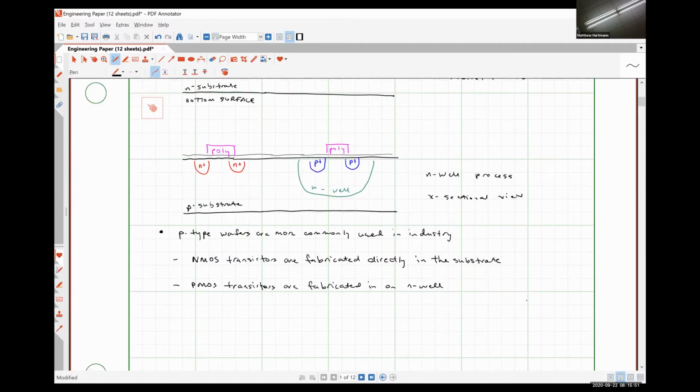So this N well is created by a process called counter doping or compensation doping.